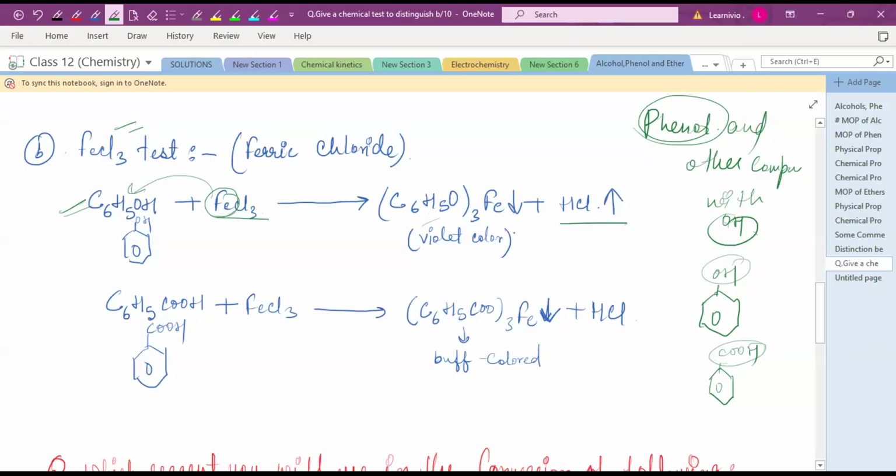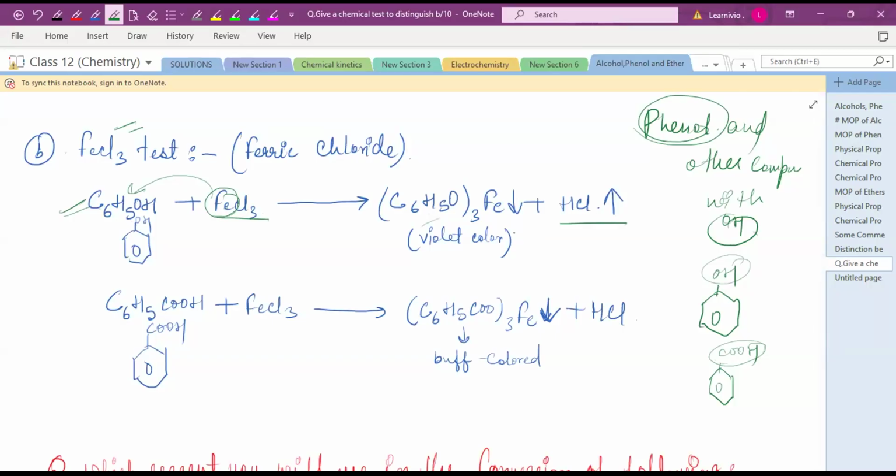When you do the ferric chloride test of phenol, when phenol is treated with FeCl3, you will get a violet color precipitate, which confirms that it is a phenol.